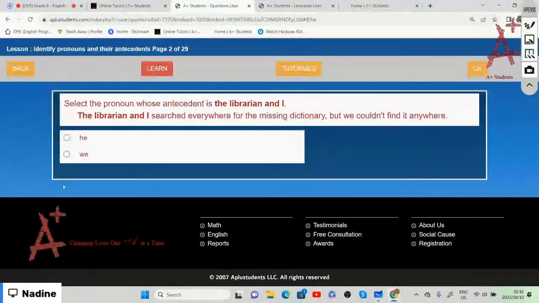The librarian and I searched everywhere for the missing dictionary, but we couldn't find it anyway. We need to select the pronoun whose antecedent is the librarian and I. Is it he or is it we?